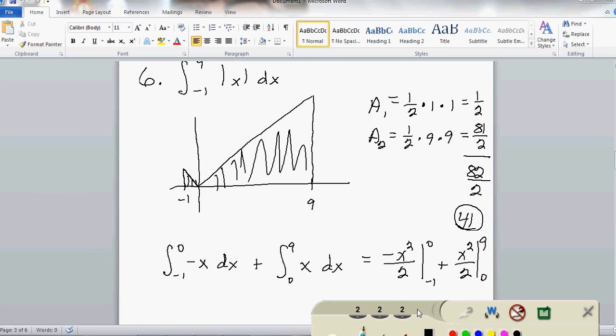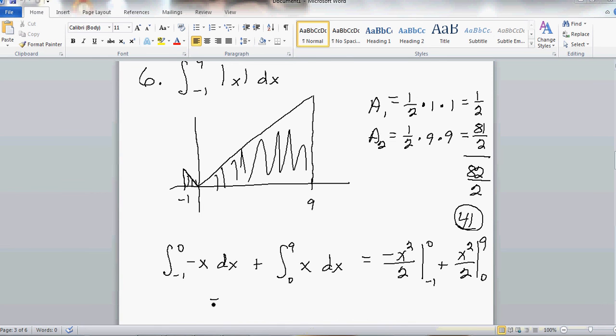Okay, so this will give us, plugging in 0, -0 squared over 2, that's 0, right? Minus, because it's always this plugged in minus this plugged in. So minus, okay. -1 squared is a positive 1, but this becomes -1/2. So minus a -1/2. That's what this part of it equals.